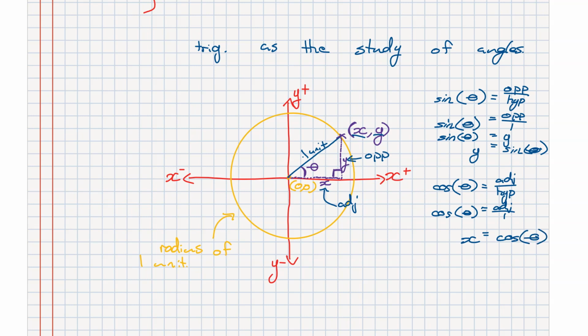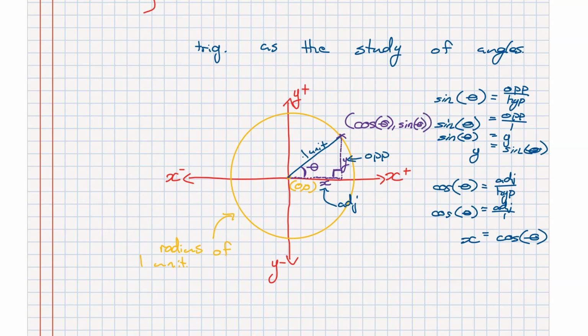So now what we've got is a convention. Rather than explaining it in terms of x and y, we can explain the position of our point along this unit circle in terms of cosine of theta and sine of theta.